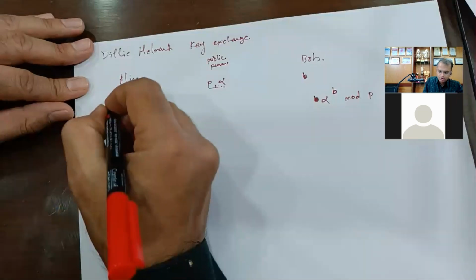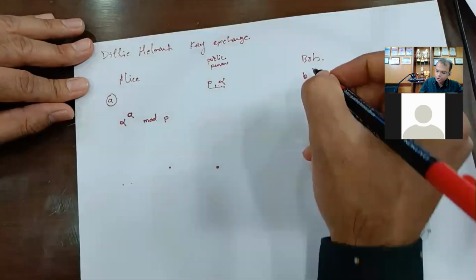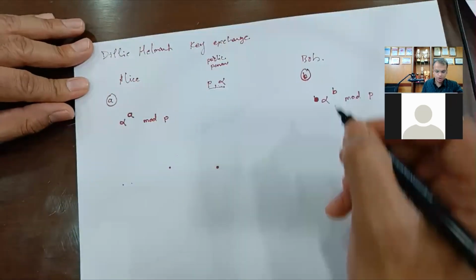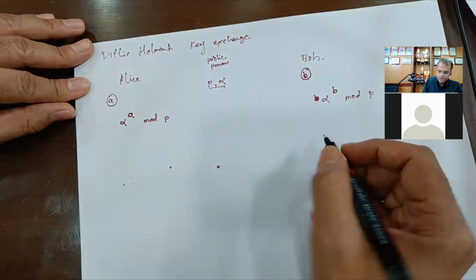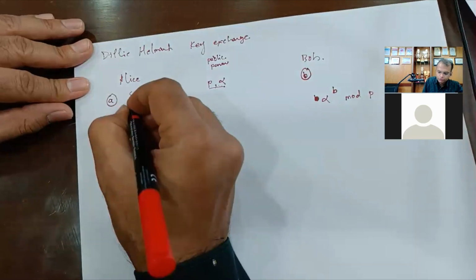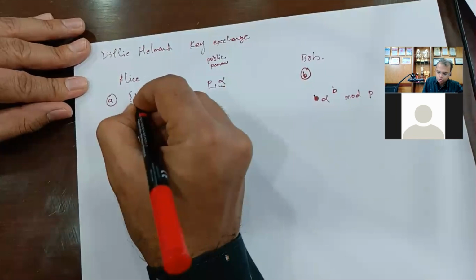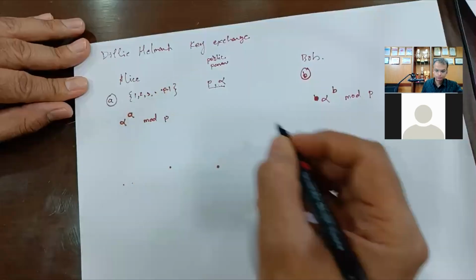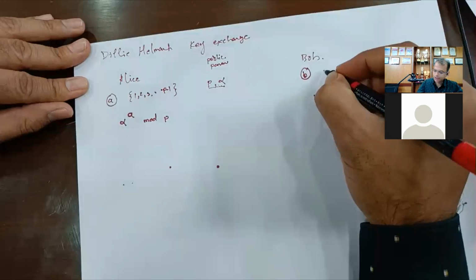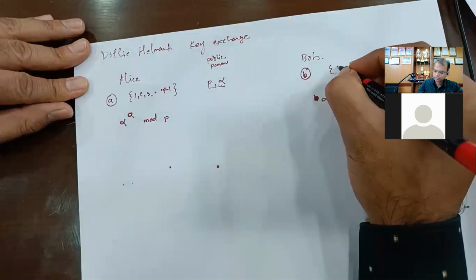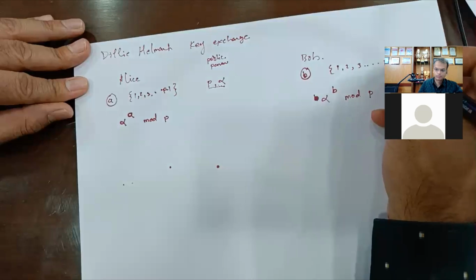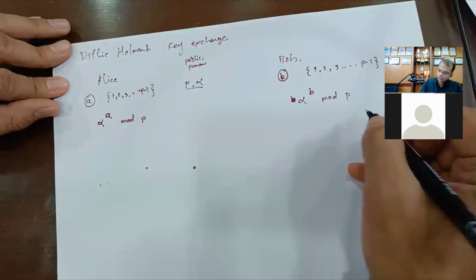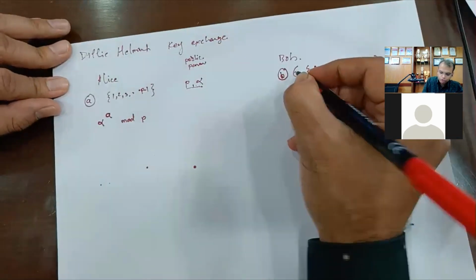Now these private keys are chosen by these two users from a set of 1, 2, 3 till P minus 1, from the same set. It belongs to this set.